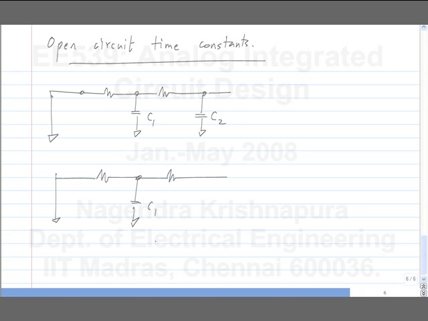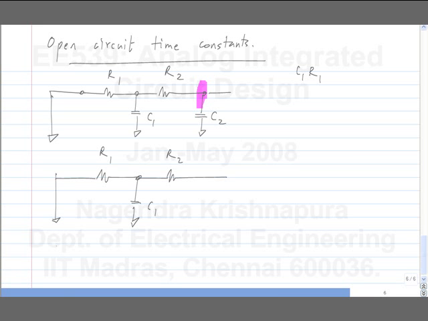What is it in this case? R1? R1 parallel R2? Why? This is open circuited on this side. Okay. It's just R1. That is the time constant when you open circuit C2 or when you keep only C1.